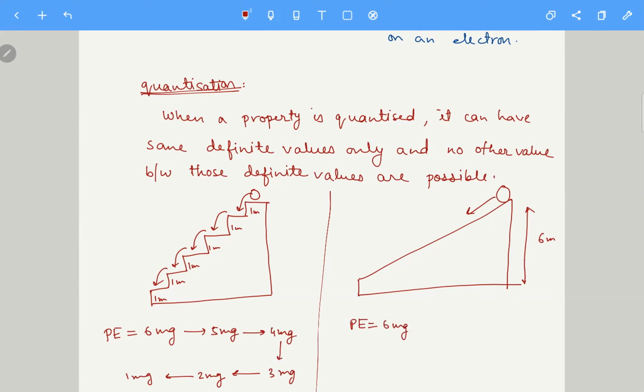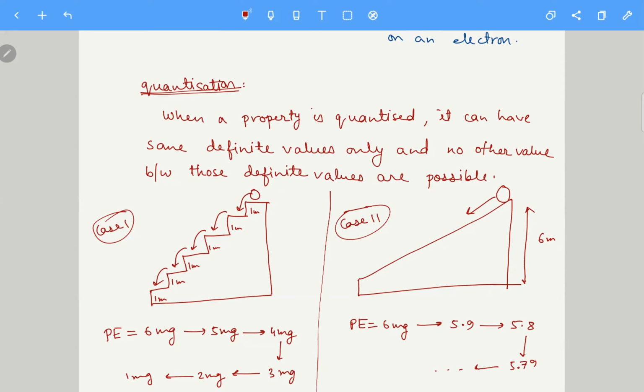Let me write the first as case 1 and the second as case 2. In the second case, there is a continuous or gradual decrease in the potential energy of the ball as it falls down. Whereas in the first case, the potential energy decreases in steps: 6 mg to 5 mg, 5 mg to 4 mg, 4 mg to 3 mg, and so on. In the first case, we say that potential energy has quantized values.